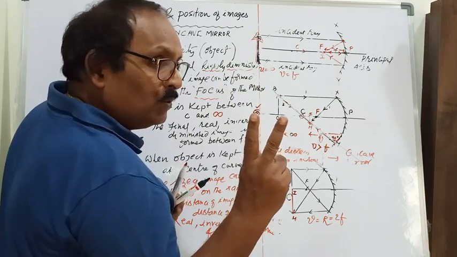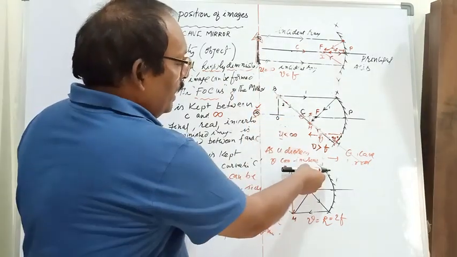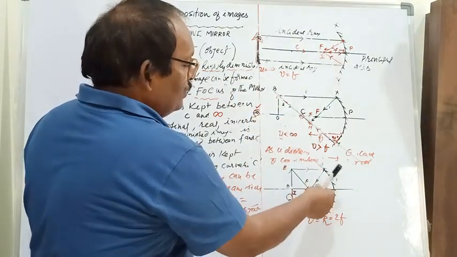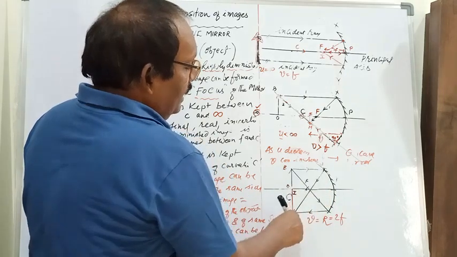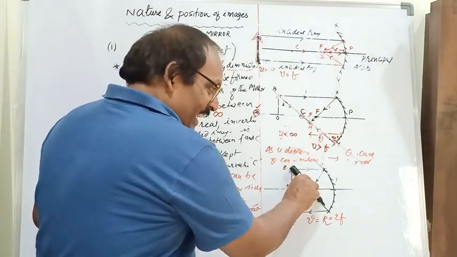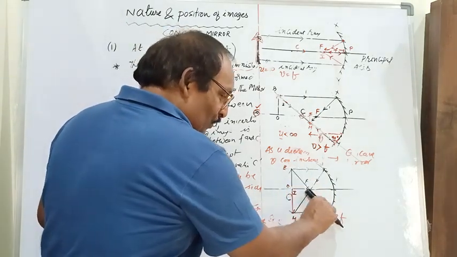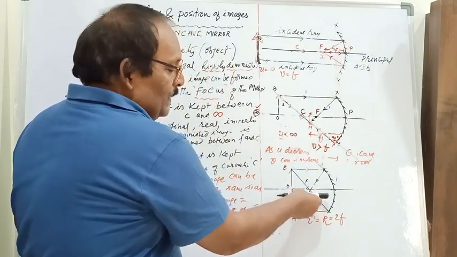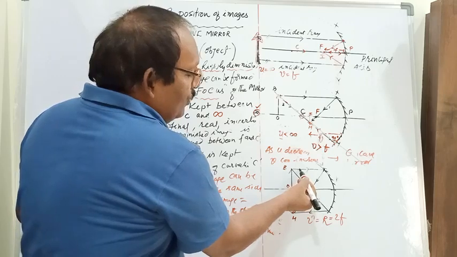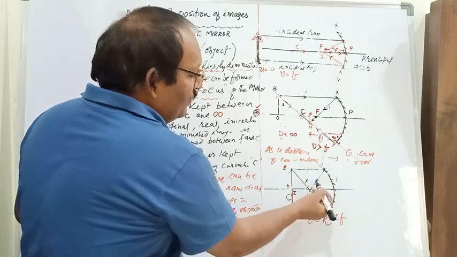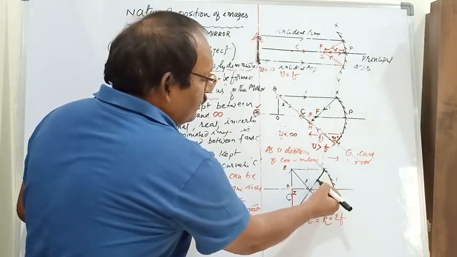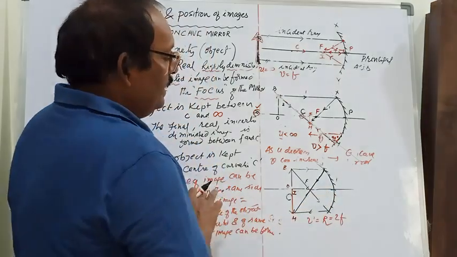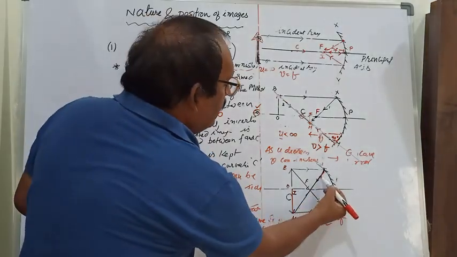You need to consider two incident light rays. One is parallel to the principal axis, and that is now traveling through focus. A ray that is parallel to the principal axis travels through focus, like this.